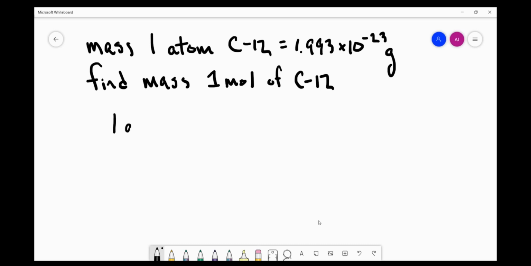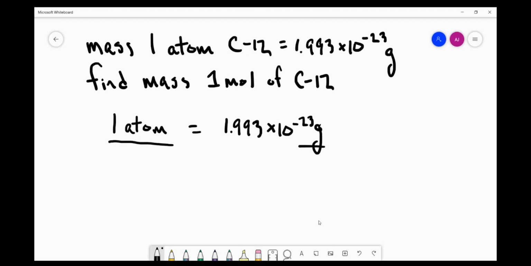One atom equals 1.993 times 10 to the negative 23 grams. And what I'm interested in is finding the mass of 1 mole of carbon-12 atoms.